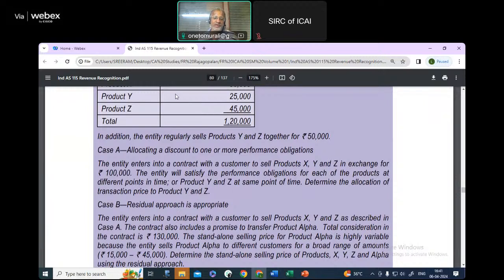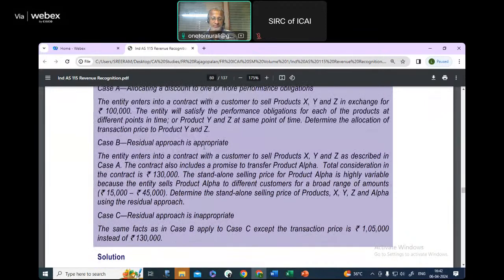The entity enters into a contract with the customer to sell X, Y, and Z as described in case A.